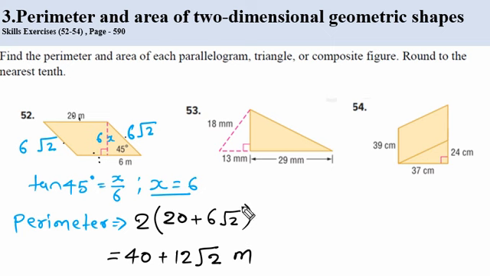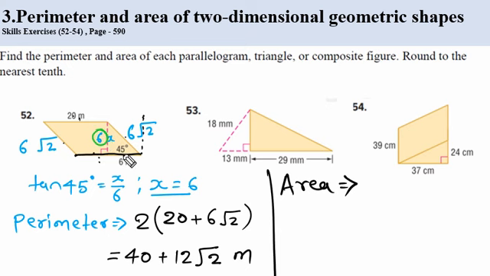Okay, now next we have to find the area. So the area of a parallelogram is what? The area of a parallelogram is base multiplied by height, right? So how much is the height here? The height is 6, and how much will be the base?